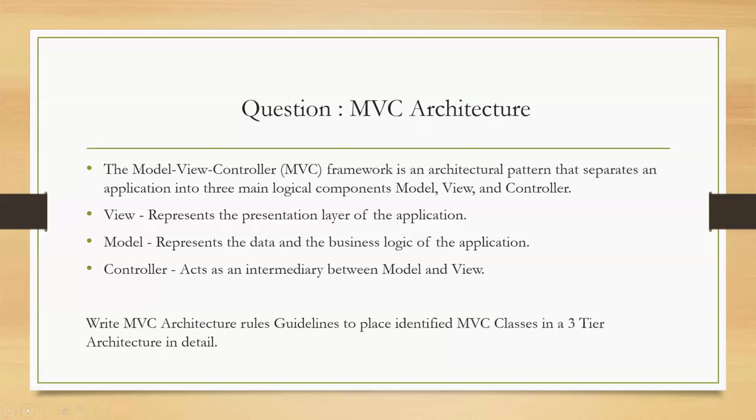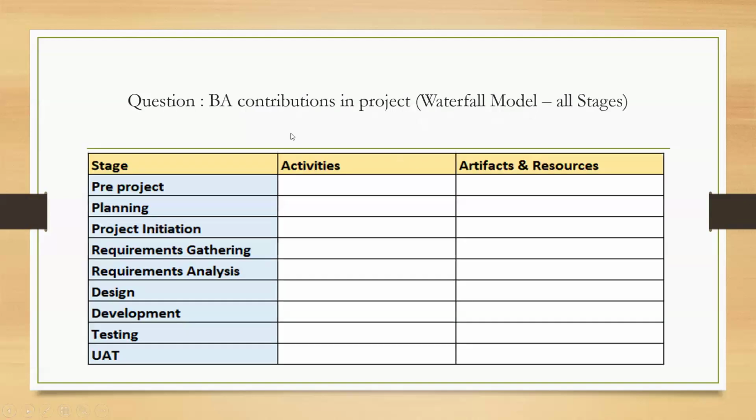Okay. Then the next question is about the BA contribution in projects in the waterfall model. In this question, you need to write about how a BA contributes in a project in a waterfall model in all stages. I think you are aware that the waterfall model consists of different stages.